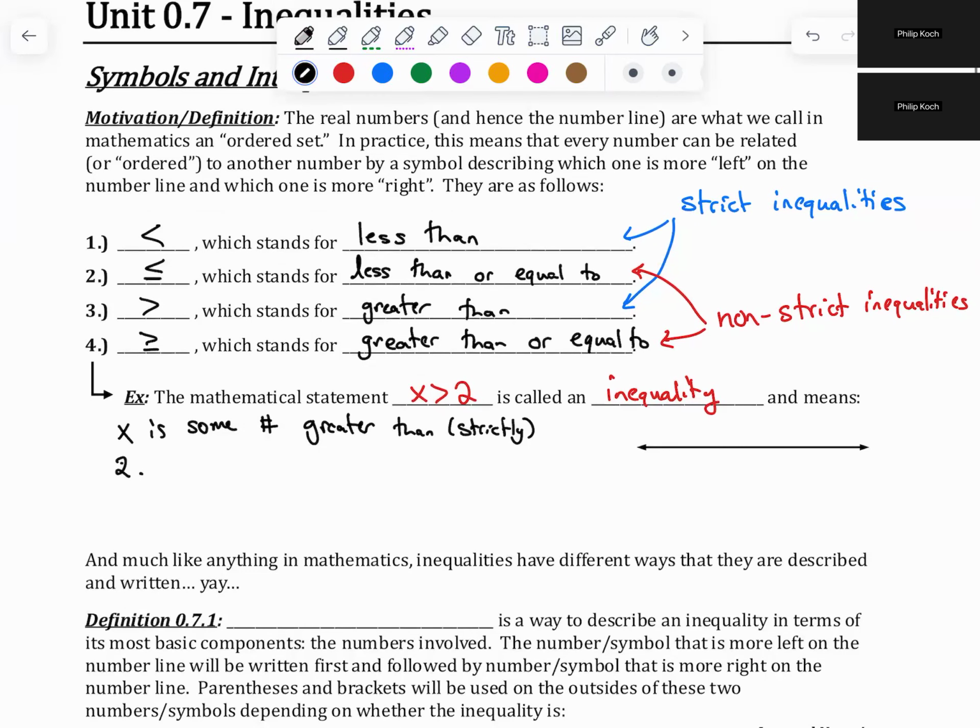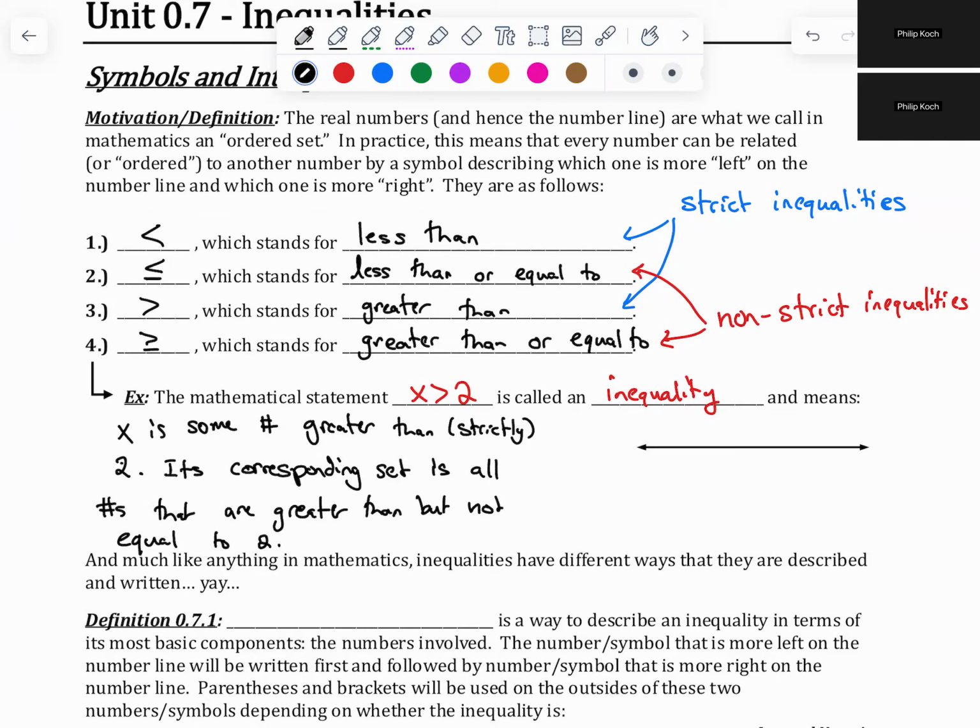And so its corresponding set is all numbers that are greater than but not equal to 2.